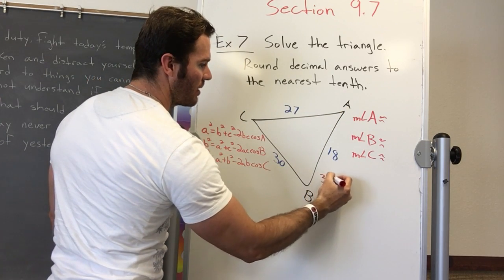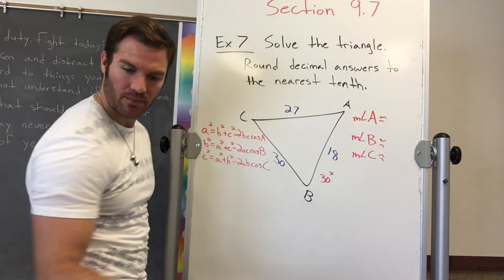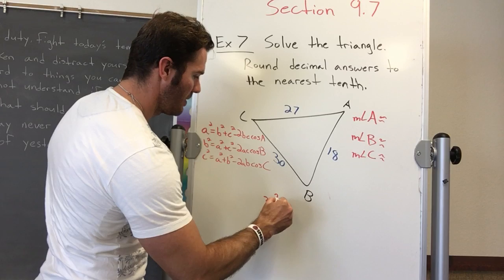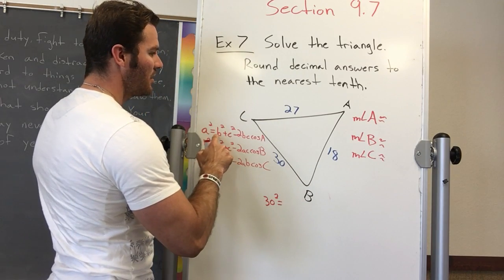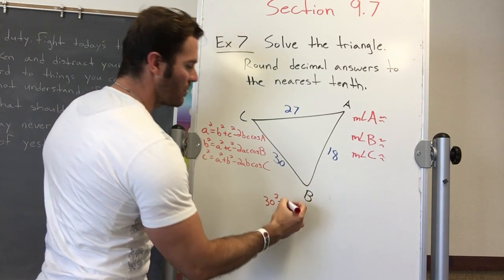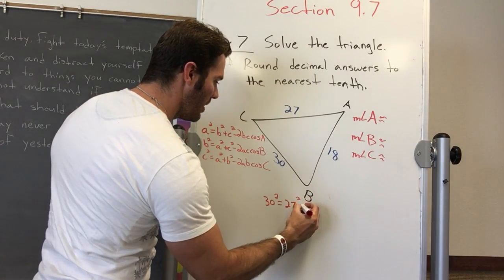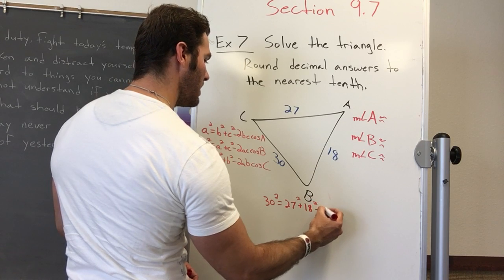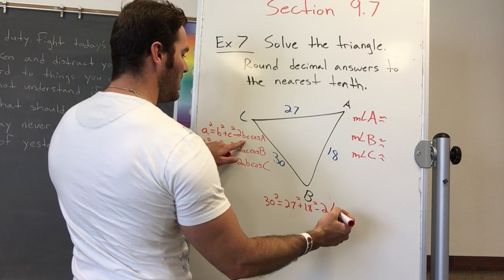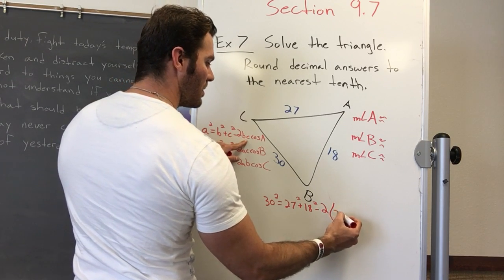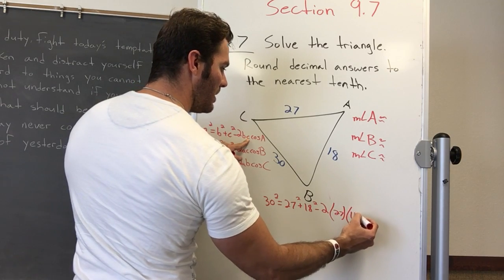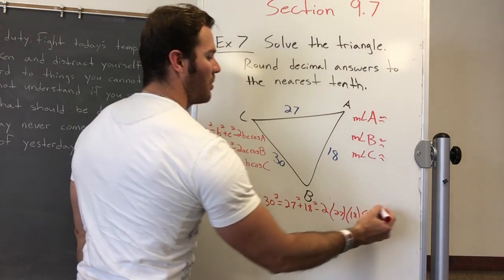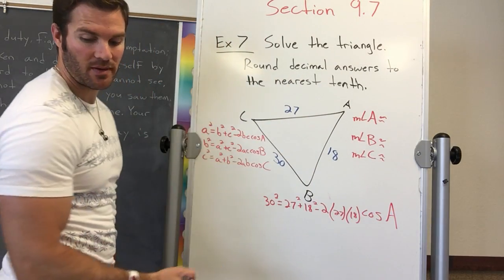So we've got 30 squared equals, little b is opposite of capital B, so 27 squared plus c squared minus 2 times bc, so 27 and 18, cosine capital A, and that's what we're trying to find.